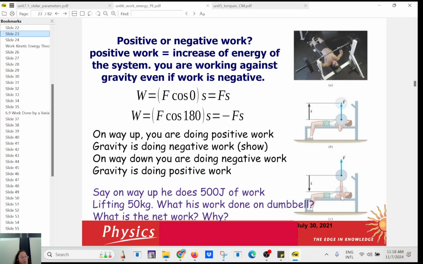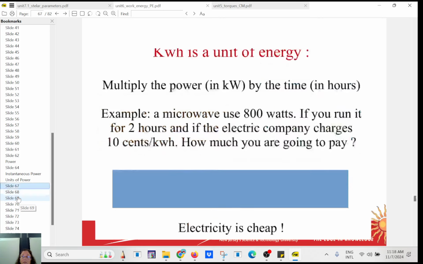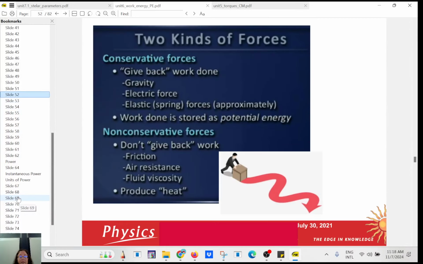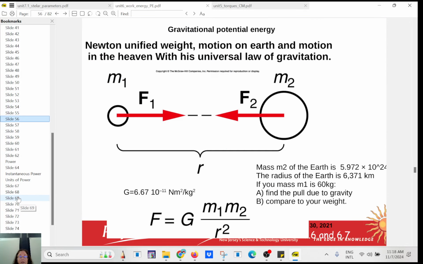Very good. Yes, exactly. So if the displacement is zero, the change in potential energy will be zero, and the total work will be zero, right?